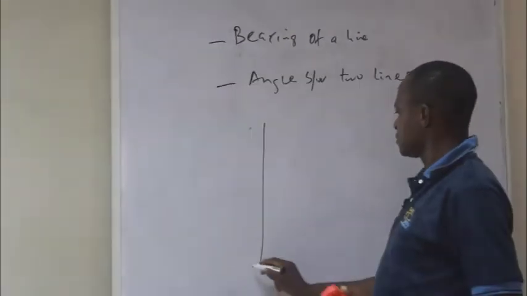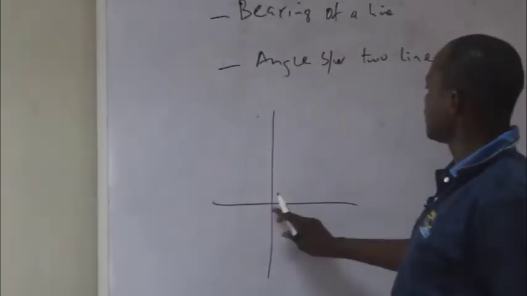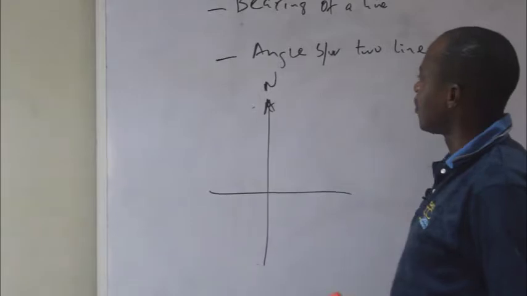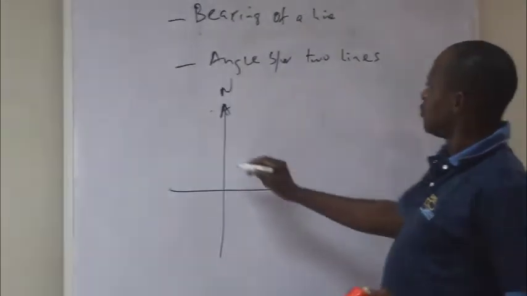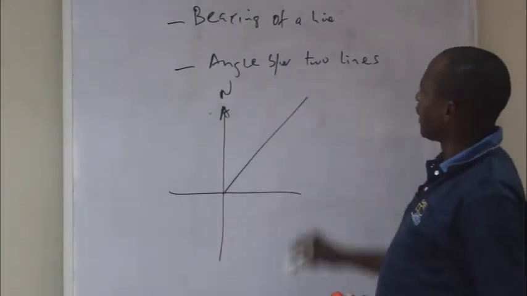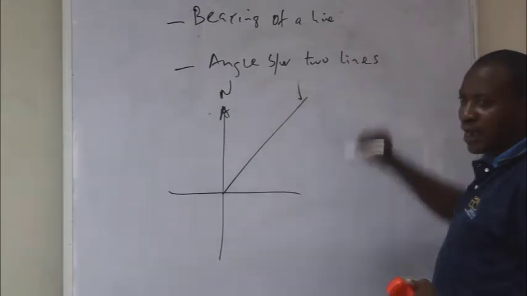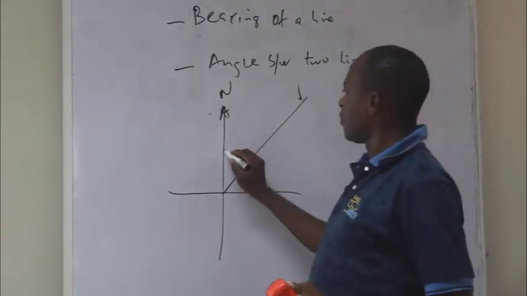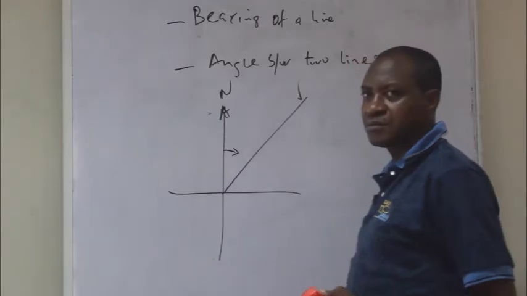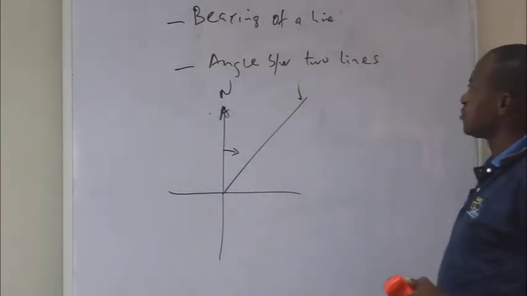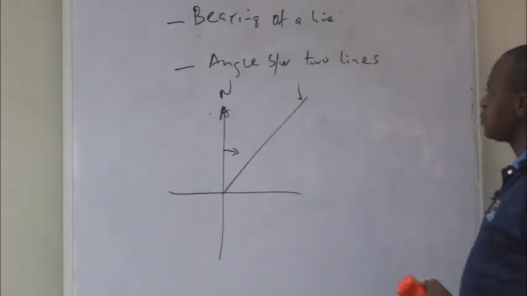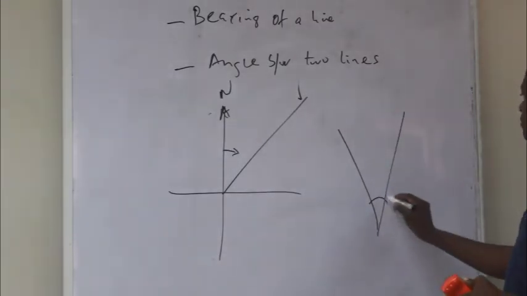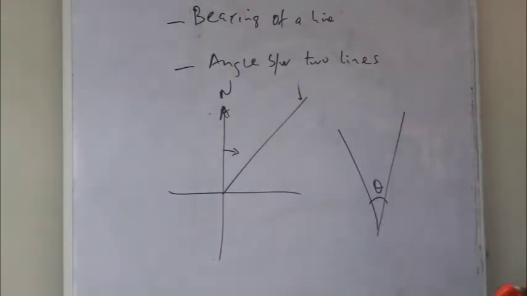This is a line, normally a reference. From a reference, let's call this one north. This is another line. We can determine the bearing of this line from a particular direction to this direction. Another thing, you can determine the angle between two lines, theta.